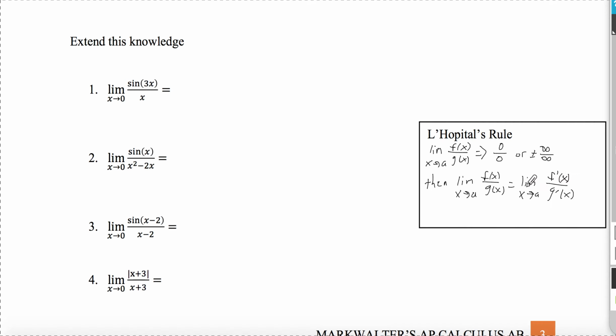It's not quotient rule, we just take literally the derivative of the numerator, derivative of the denominator. So we got 0 over 0 here, and if you're using L'Hopital's rule, you need to show, okay, I tried this and I got 0 over 0.